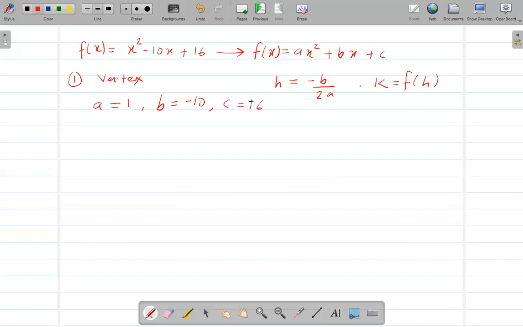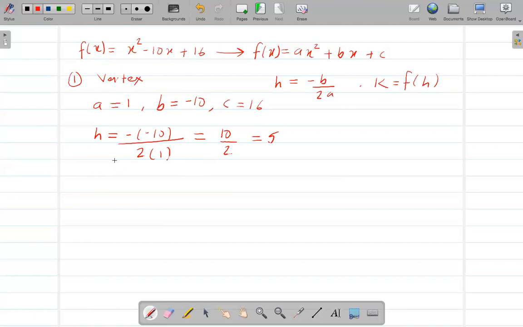Right, so that means first H is negative, because there's a negative here, and the value of B is -10, so -10 over 2, A is just 1. So from here we get 10 over 2, which is 5.